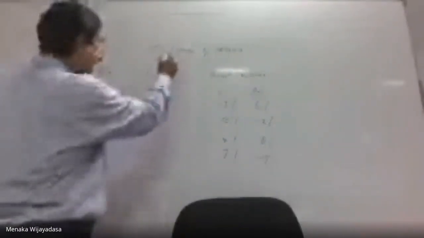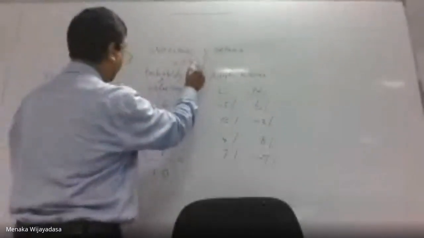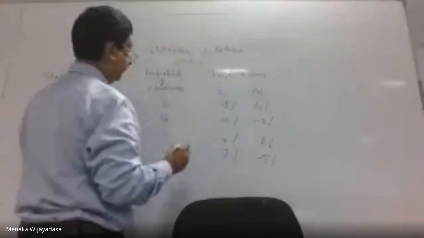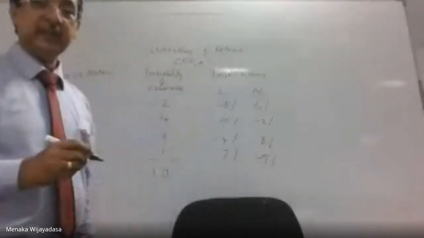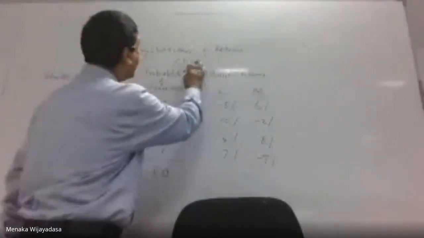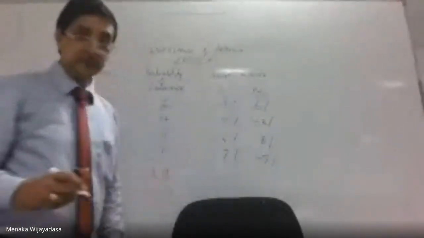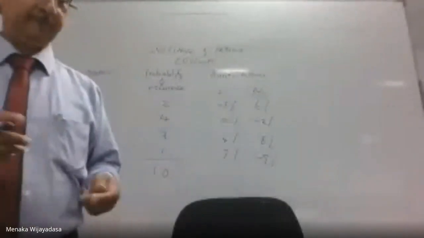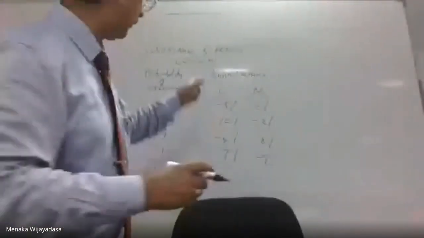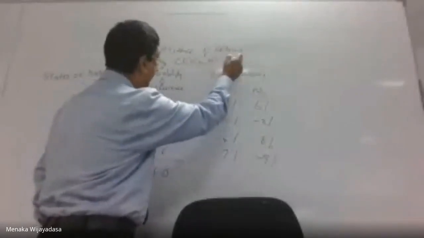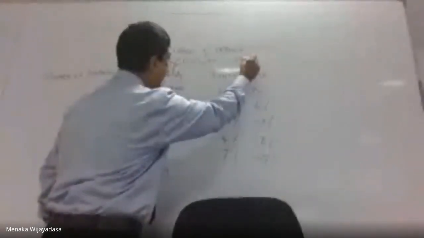This is symbolized as COV LM, or sometimes you put it this way also, COV(L, M).